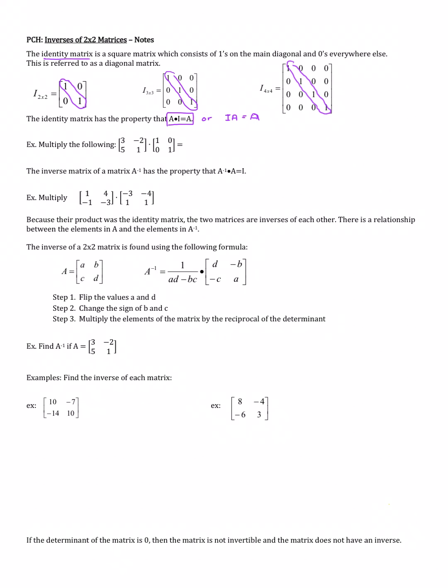So notice here, I have 3, 5, negative 2, 1, multiplying against 1, 0, 0, 1. So if I multiply that out, remember you're doing rows by columns. So this first row by this first column would give me 3 plus 0. So it's just going to leave me with 3. Then if I do the first row with the second column, I'm going to get 0 plus a negative 2.